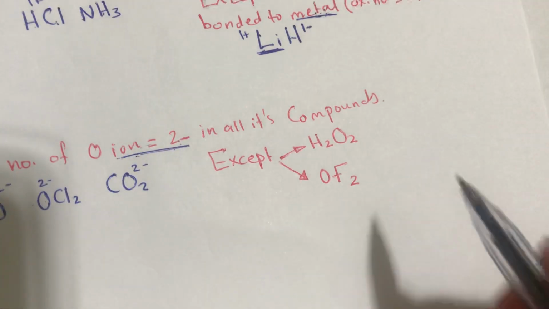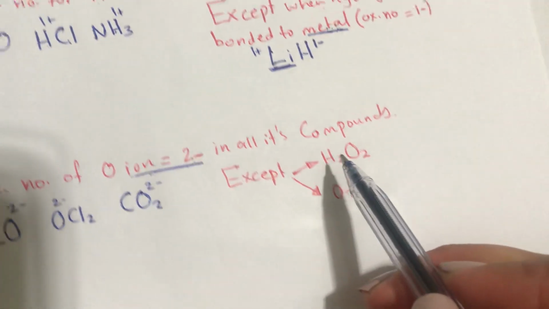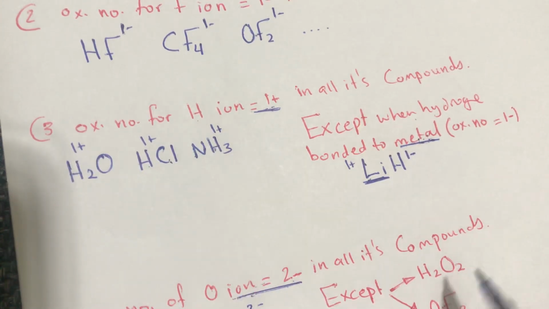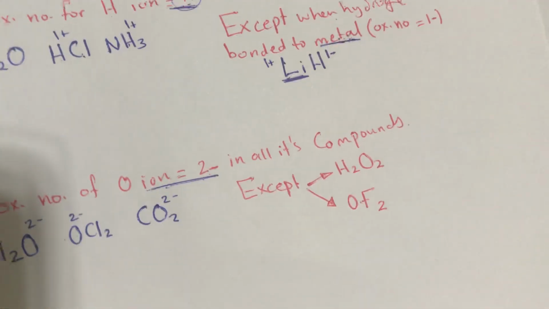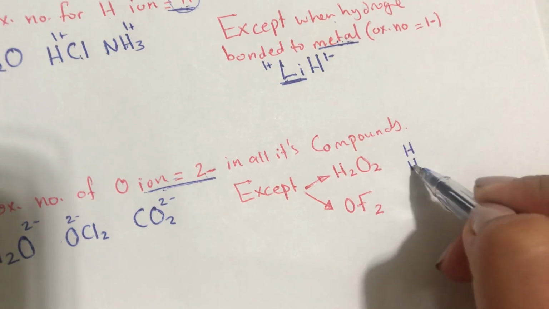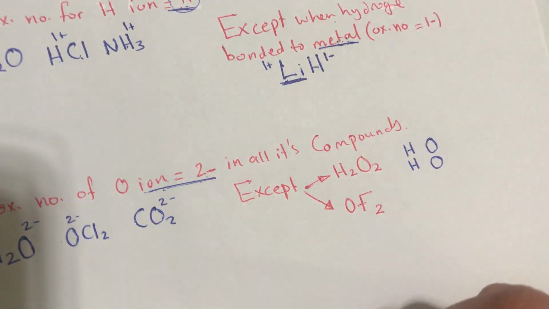Except these compounds. Why? Because according to rule number 3, when hydrogen is bonded to non-metal, the oxidation number is +1. So in H2O2 you have 2 hydrogen atoms and 2 oxygen atoms.